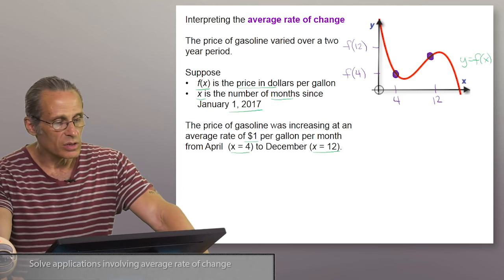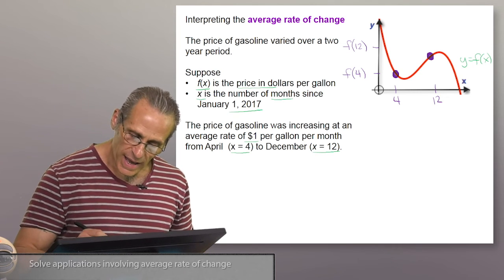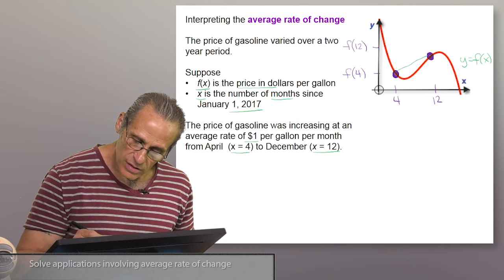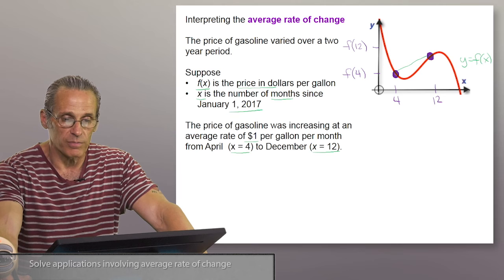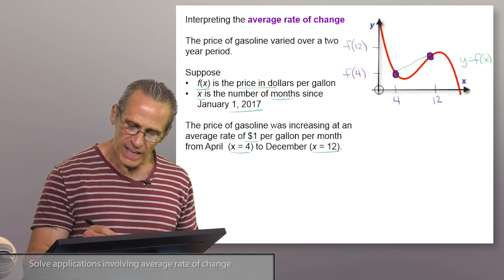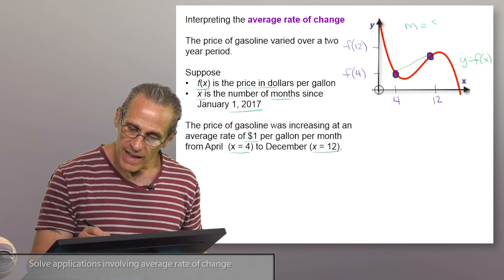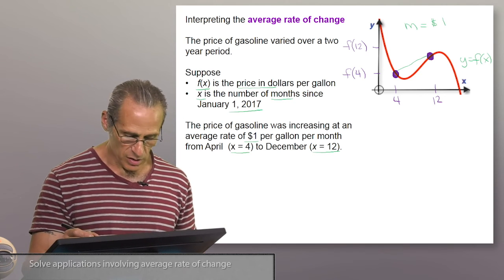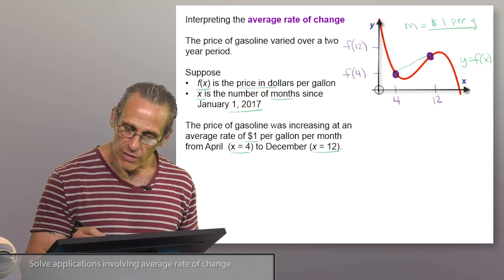represents, again, price per month, then I'm going to take a look at the points at x equals 4 and x equals 12. And if I connect them with a secant line, the slope of that secant line is my average rate of change. And that's going to be $1 per gallon per month.